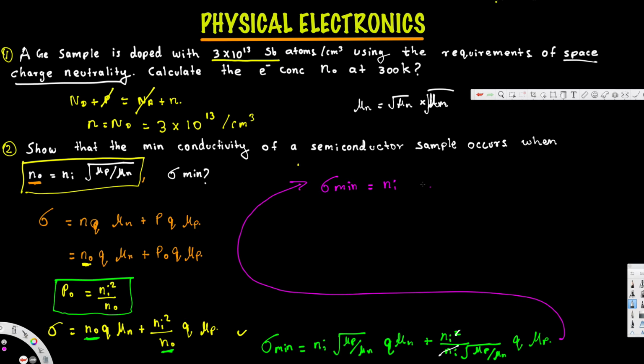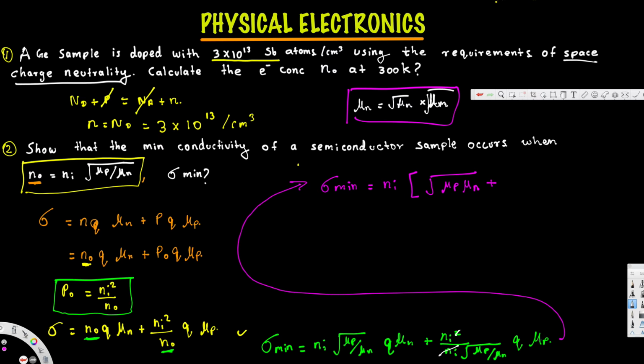If I do that, we have a square root of mu p already there, and when we have mu n outside, we can write it as square root of mu n times square root of mu n. So one of them cancels here, and we will have one square root of mu n in the numerator, right? Plus again for this one, the square root of mu n in the denominator will flip around and go to the top.